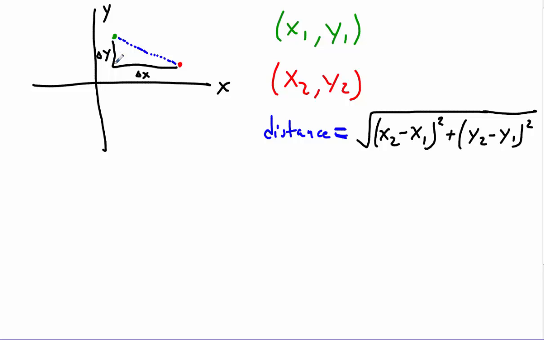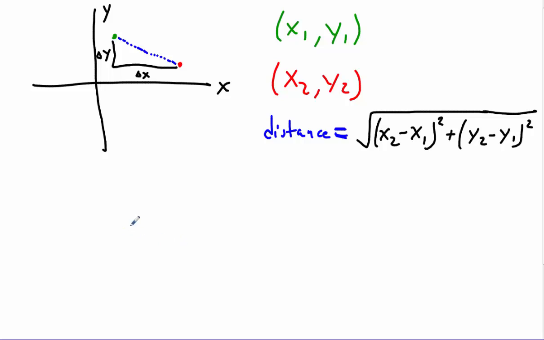The distance of x squared plus the distance of y squared is equal to the hypotenuse squared. Since we're trying to find the distance, we just take the square root of both sides, so we have distance here, not distance squared. And this is the distance formula.